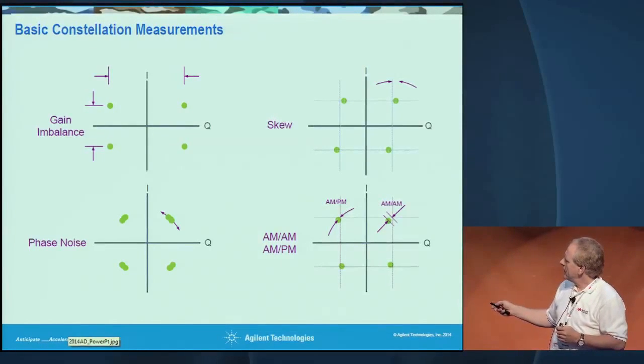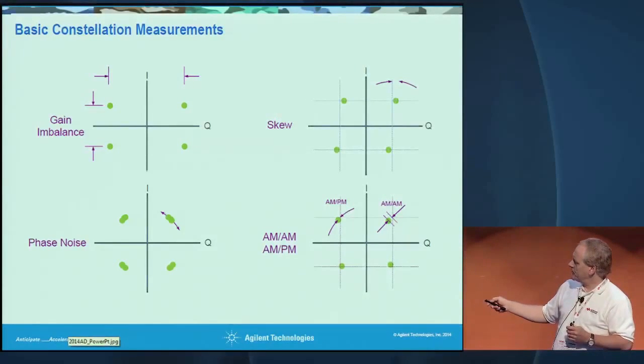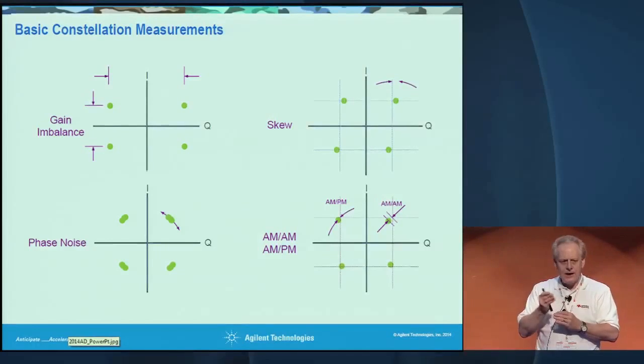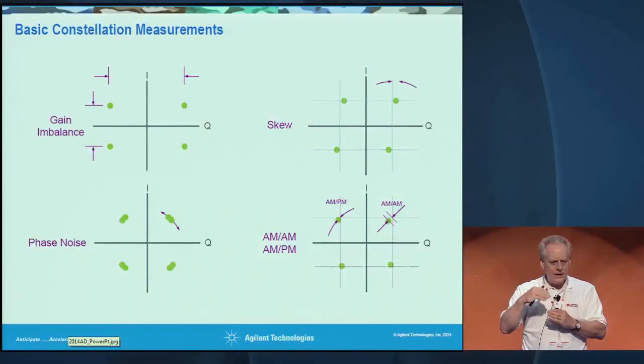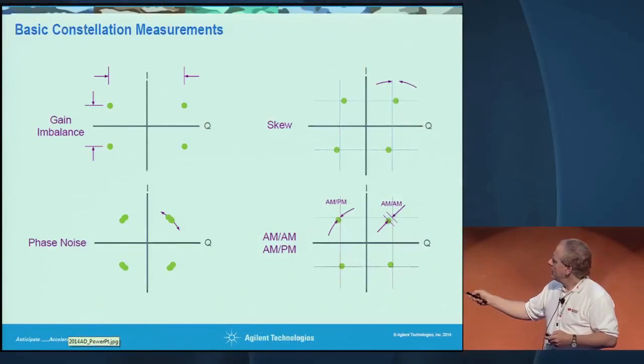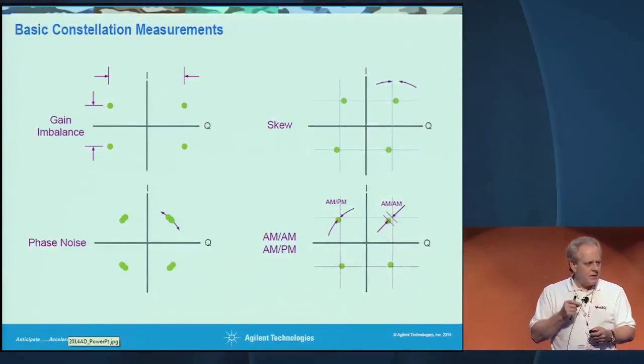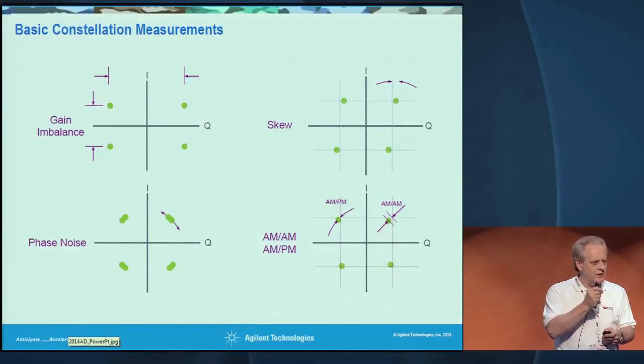There's also, for amplifier people, you start having to worry about gain compression effects and a gain turning into an angle error or an amplitude error needs to be corrected as well. And all of these things, there's an ideal state of where you'd like to be and where your information actually is. And that difference is called an error vector magnitude, and that's an important measure of quality in a lot of these systems.